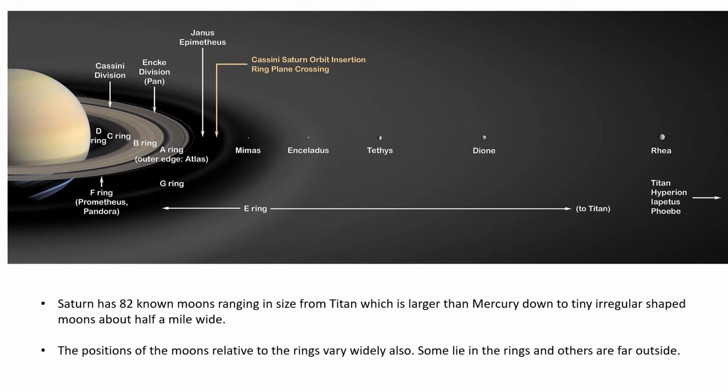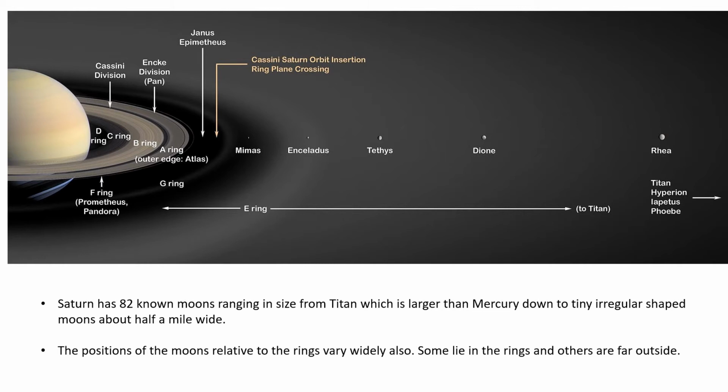You also see some of the smaller moons of Saturn in this picture. Notice that there's some of them actually in the rings themselves. There's a moon called Pan, and a pair of moons called Prometheus and Pandora. And then there are other moons that are in this gap between the G ring and the E ring.